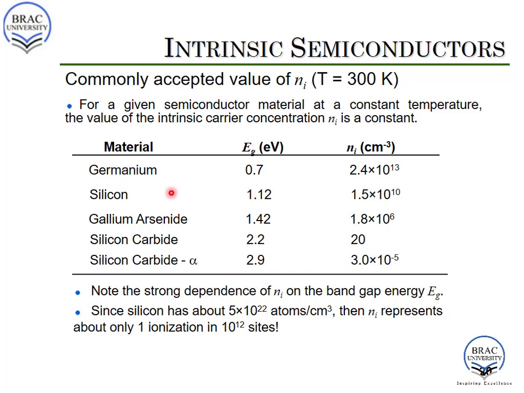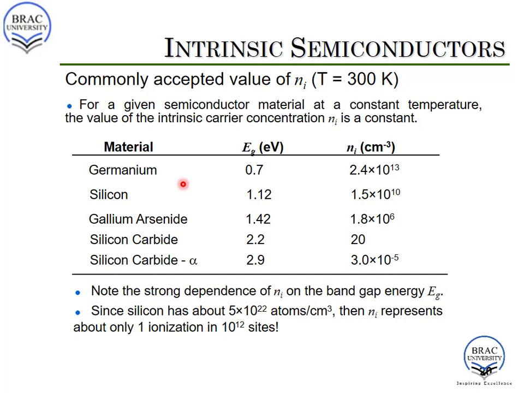How can we actually explain that? We know that for breaking a bond, for moving an electron from valence band to conduction band, we need to provide an energy equal to the band gap. So the lower the band gap is, the lower energy is required for moving an electron from valence band to conduction band.